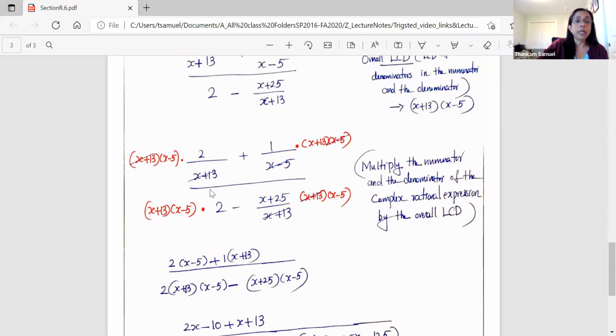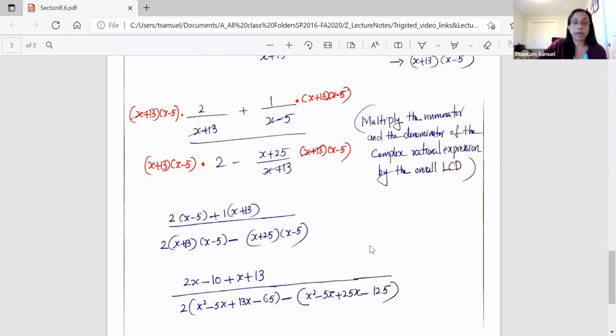Then let's write these terms together. In the numerator, 2 times x minus 5 plus 1 times x plus 13, the whole quantity divided by 2 times x plus 13 times x minus 5 minus, be careful with this negative sign.